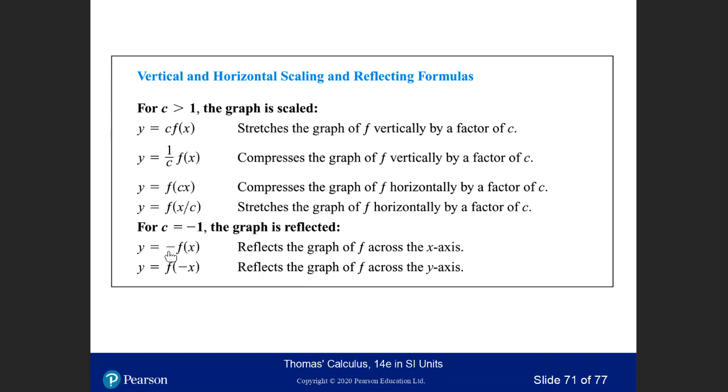So you reflect the graph across the x-axis. Or if you multiply x with minus 1, you reflect the graph across the y-axis. But of course, the function must be defined for both x and minus x in order to do it.